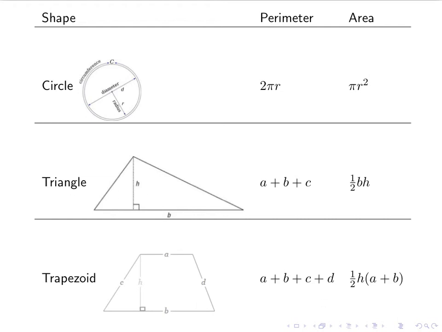Those parallel sides, in this case, are A and B. So these are parallel, and the distance between them is H. Again, it's perpendicular to A and B, which are both parallel. Okay, so for the area, it's 1/2 times H times A plus B, where again, A and B are the parallel sides.